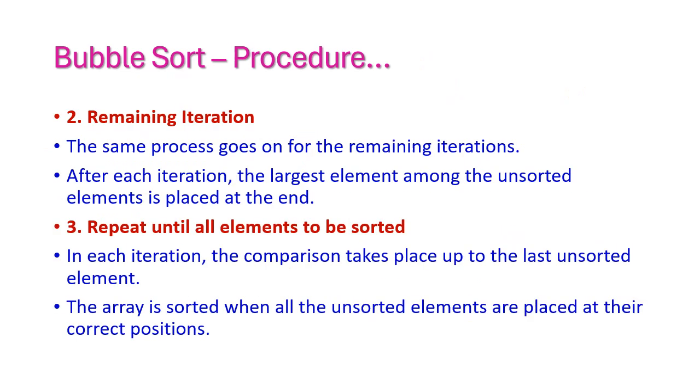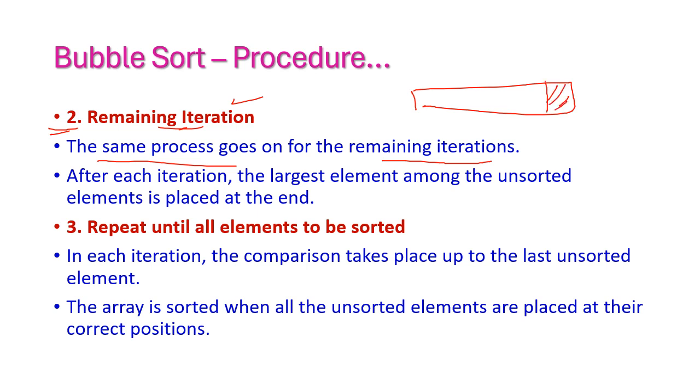And this is the second iteration, that is the remaining iterations. In all the remaining iterations, the same process goes on. In the first iteration, the largest element reached its right position. In the second iteration, the second largest item will reach its right position.